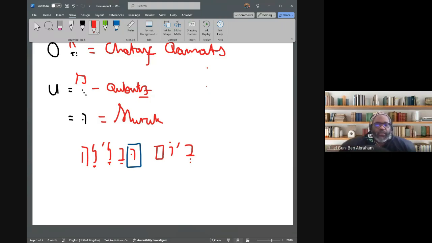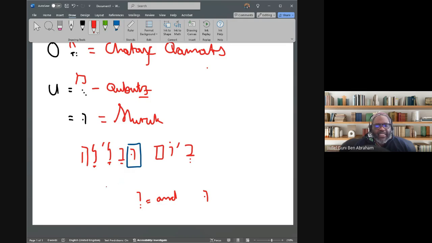So we have 7 letters in Hebrew that are grouped together. All of them have pairs. They're called Begat Kefat. We haven't learned them yet. And the grammar rule says if there is a Begat Kefat consonant, we cannot use the vav for the conjunction and. We must use rather u before Begat Kefat. So Beith is part of those Begat Kefat letters. So before Beith, we have to use u.